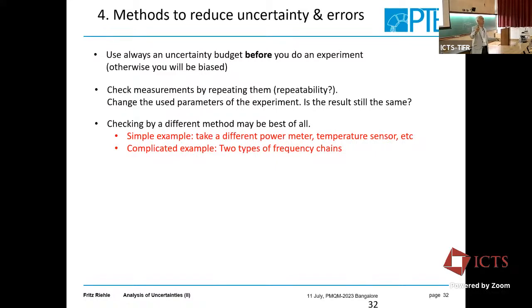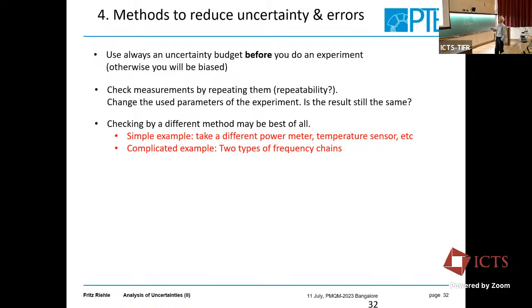And you do not care so much about the shifts in the negative direction, but these could also increase the shift even more. So it's a good habit to do the uncertainty budget before you do an experiment.